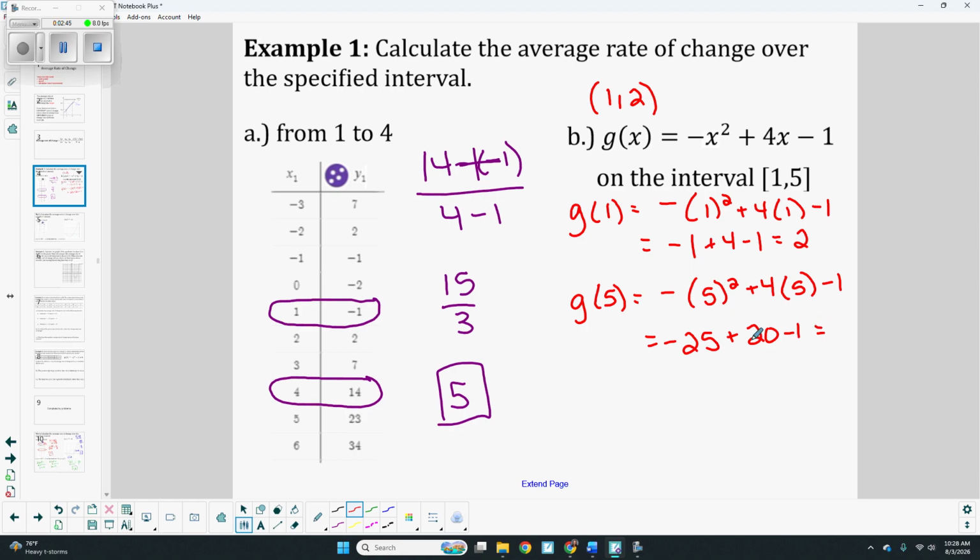So this is a -5 minus another 1, -6. So we have the point 5, -6. So doing our slope, -6 minus 2 over 5 minus 1, which is -8 over +4, which turns into -2.